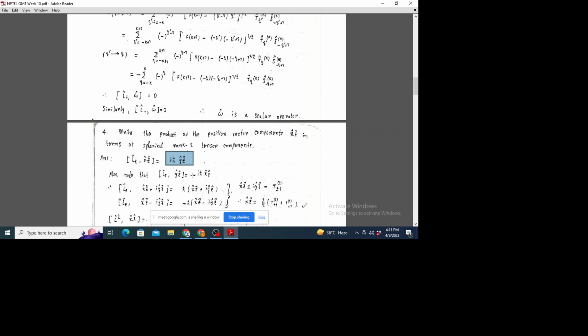You know the commutator of Lz and x is iħ y, and the commutator of Lz and z is 0. So the total commutator of Lz and xz is iħ yz.